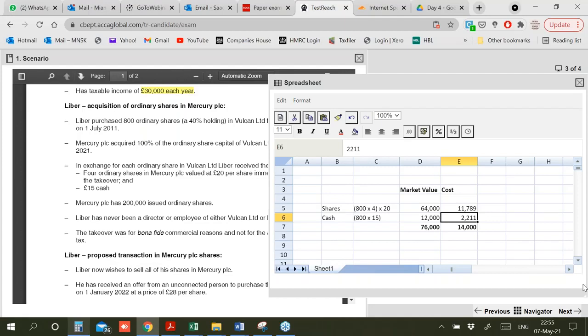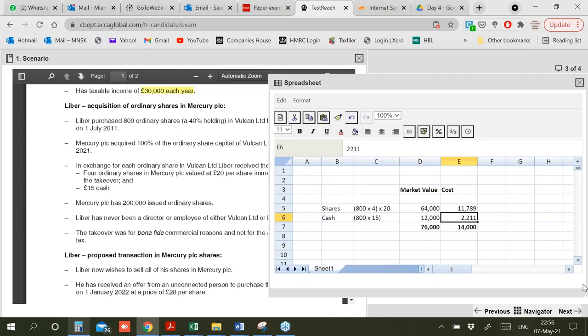Now this is an assumption only, but this assumption has been taught to us by HMRC, as to how you should calculate the market value of the shares and the cost of the shares. Now you'll be saying, sir, there is no actual cost of cash in the real world because the market value of the cash and the cost of the cash is the same.